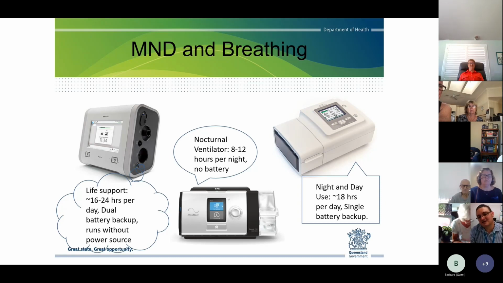If we do start getting over the 12, 14 hour mark, we'll start thinking about upgrading you to a different ventilator. So the one on the right there, the night and day one, I feel that one's really good for people who need about 18 hours a day, but it can definitely cover the range between the early machine and that life support machine at the end.